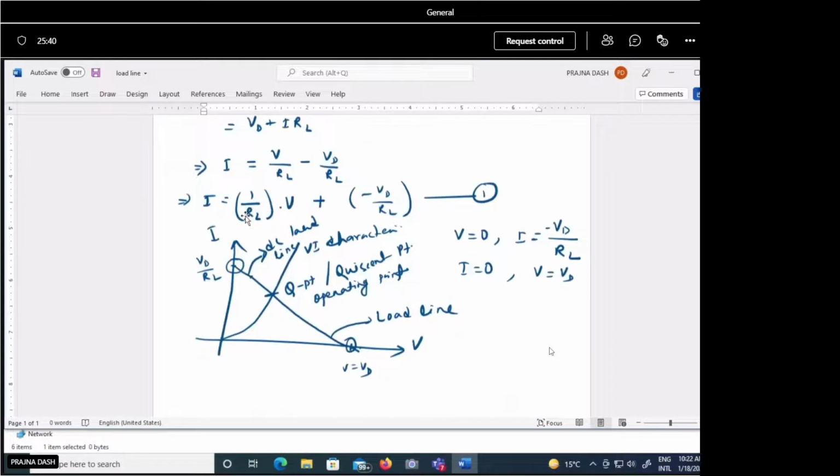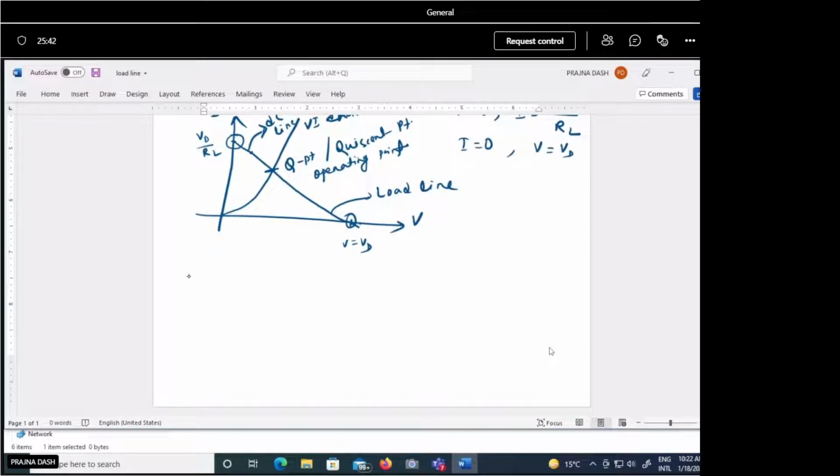If you apply an AC voltage, there we will have the AC load line. So instead of taking the V volt, if you apply the circuit voltage or input voltage as alternating voltage, then this diode, this is the load resistance RL.